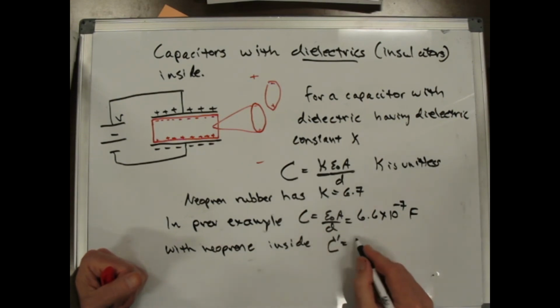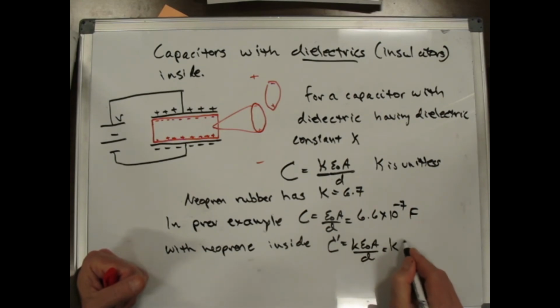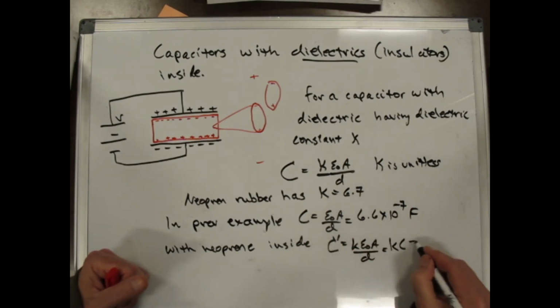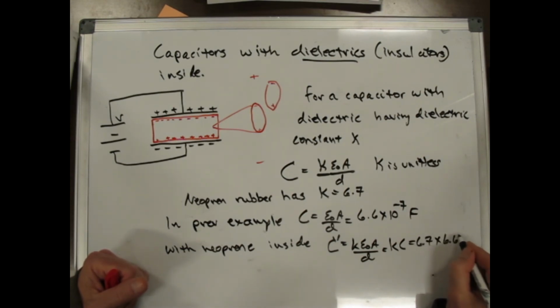I'll call the new capacitance C prime or something. It is equal to kappa times epsilon naught A over D, which is kappa times C, which is 6.7 times 6.6 times 10 to the minus 7 farads.